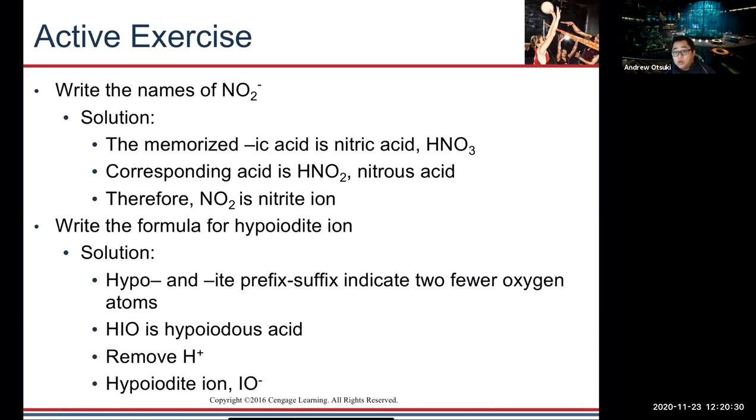If this is not making much sense, I understand this is a very difficult topic. But when you do the homework and you review, this should all be more familiar. I always recommend making flashcards for remembering nomenclature. That's the easiest way, I think, to do it, and also doing practice.